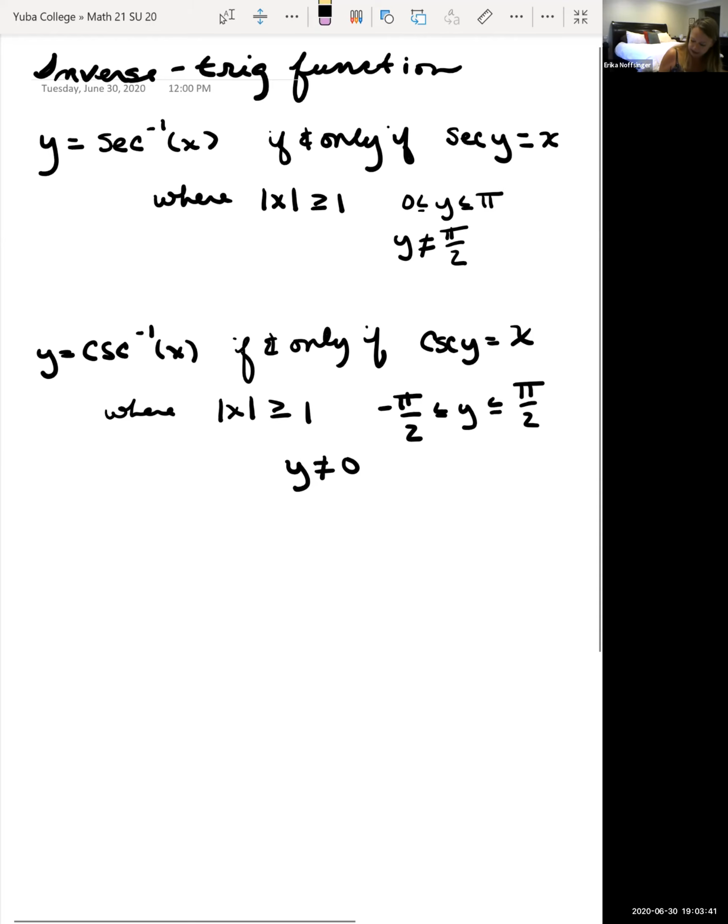And then looking at cotangent inverse, not tangent, cotangent. So y equals cotangent inverse of x if and only if, take the cotangent of both sides, cotangent of y is equal to x.